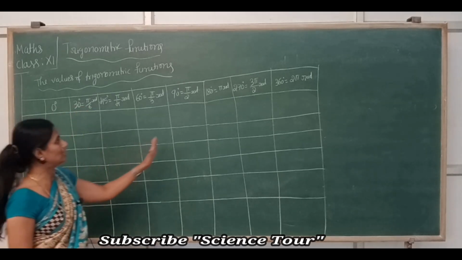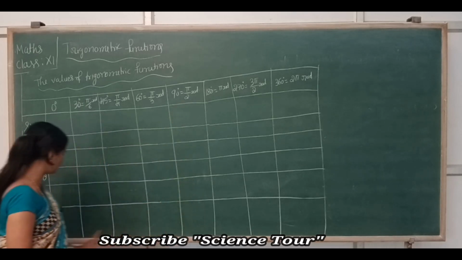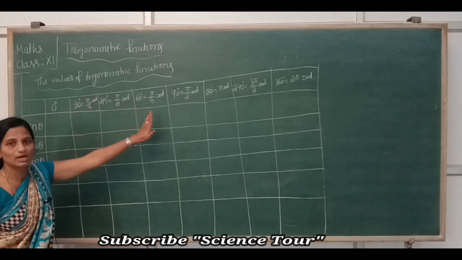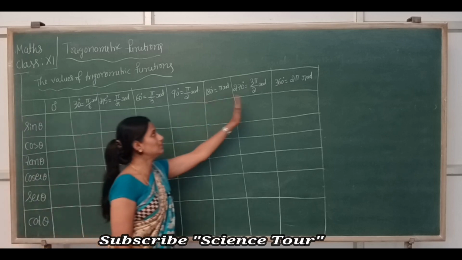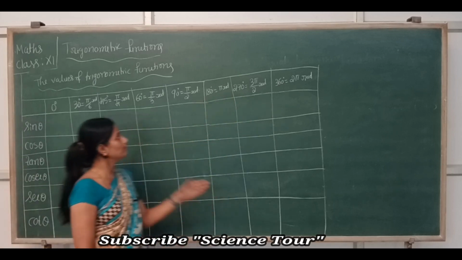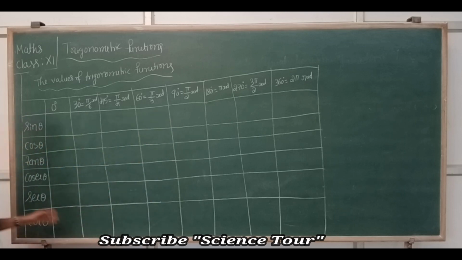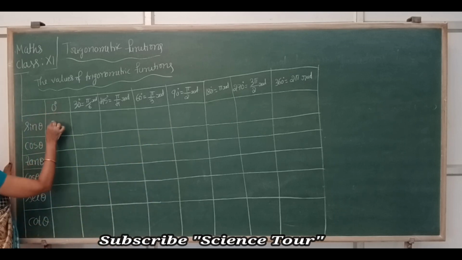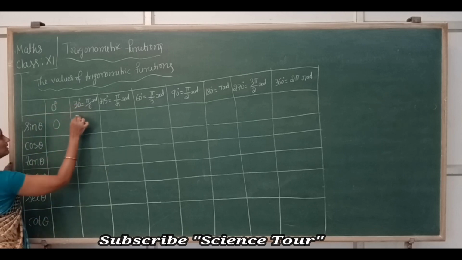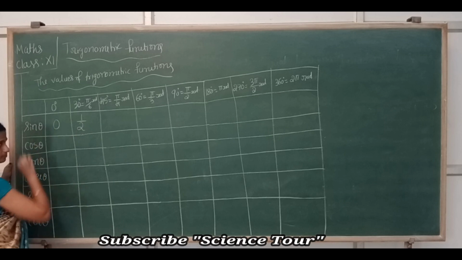So you know till here, correct? What are the values of the trigonometric table that you studied in your lower class? So these 3 are extra values, right? First we will fill this box. That means till 90 degree we will fill. So already you know sin 0 degree is what? It is 0. Sin 30 is what? 1 by 2.